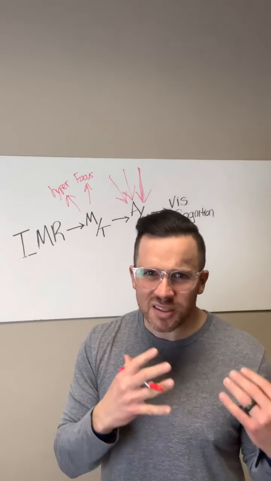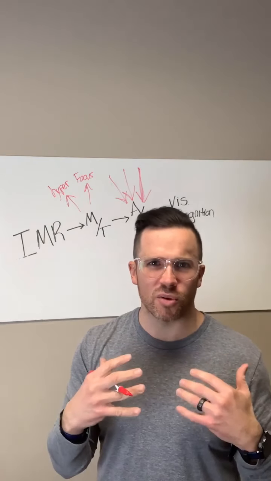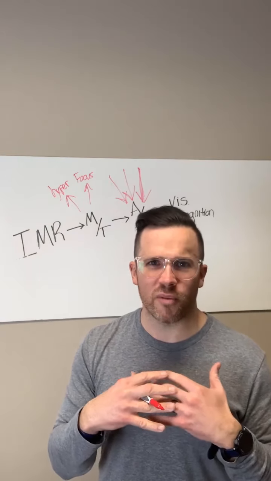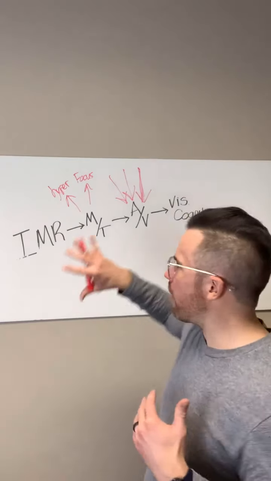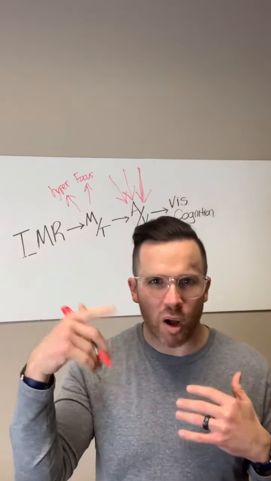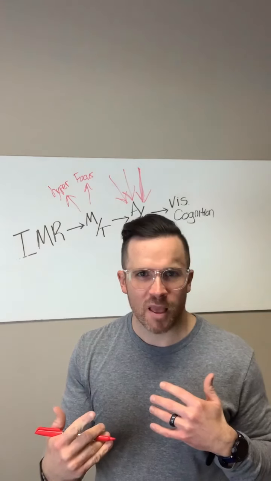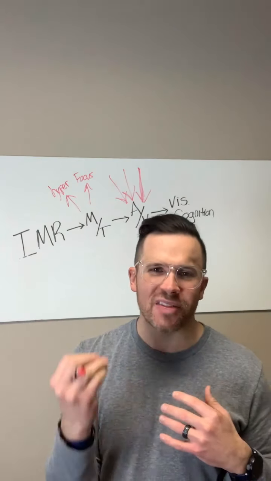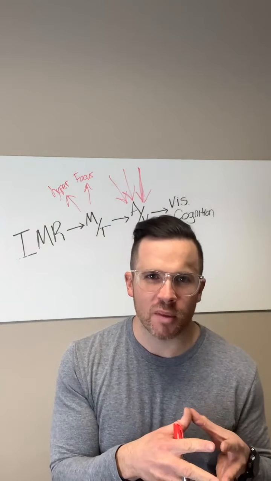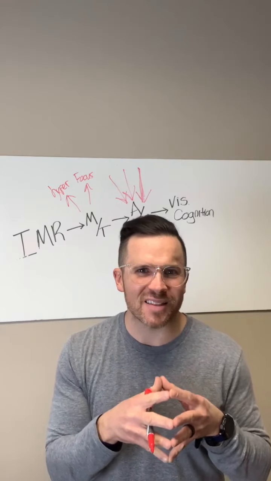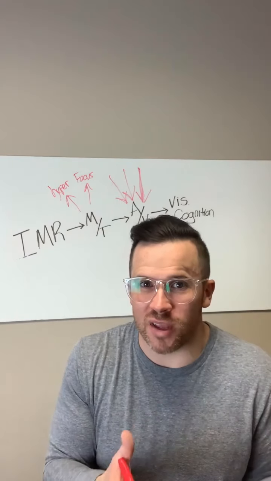So this can be a variety of things, too. If we're having trouble with multitasking, you give them three things and they only do one. Well, it's not that they didn't want to do the others.